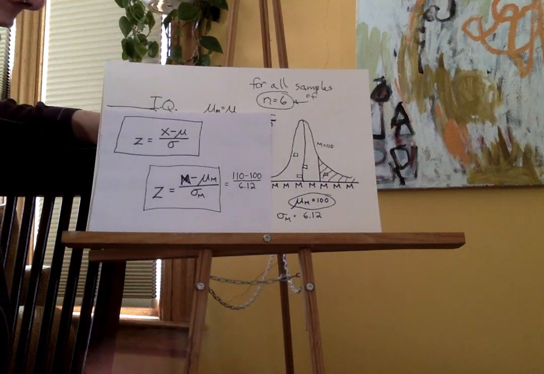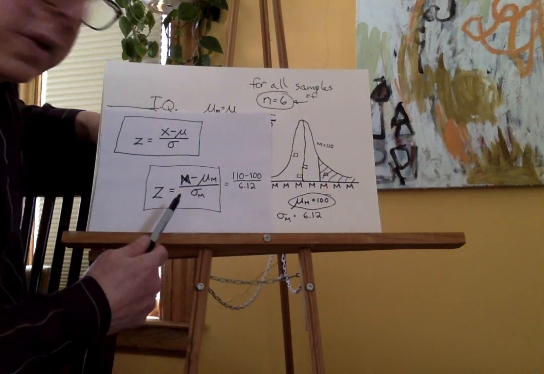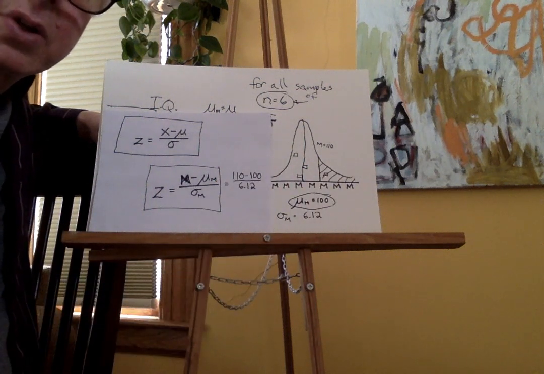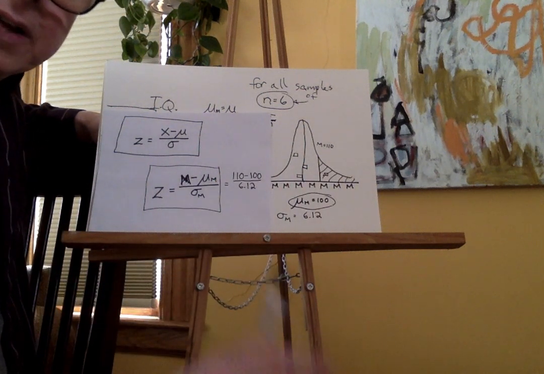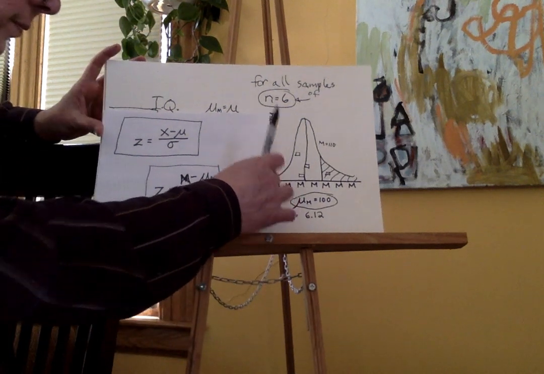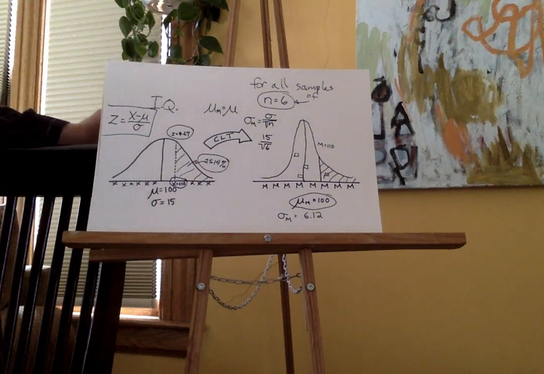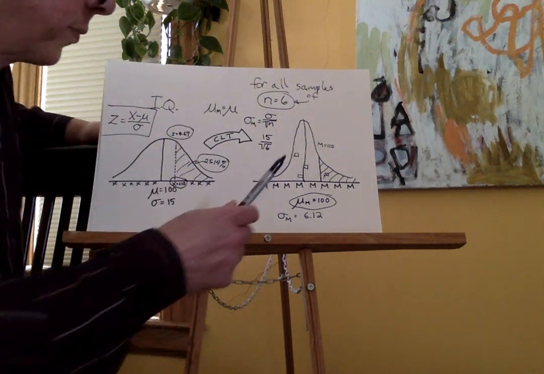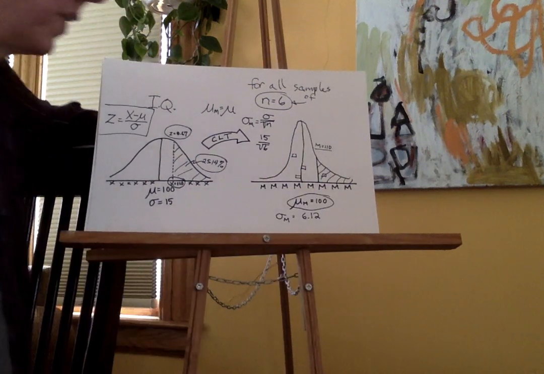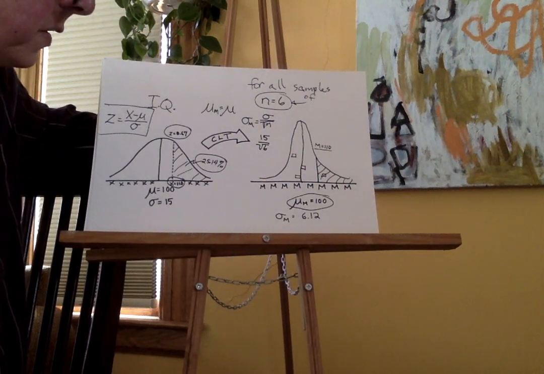Okay. Now we're just going to use the z-score formula, but have our distribution of sample means as our reference point. Okay? So here we go. Here's our mean of 110 in this distribution of sample means.